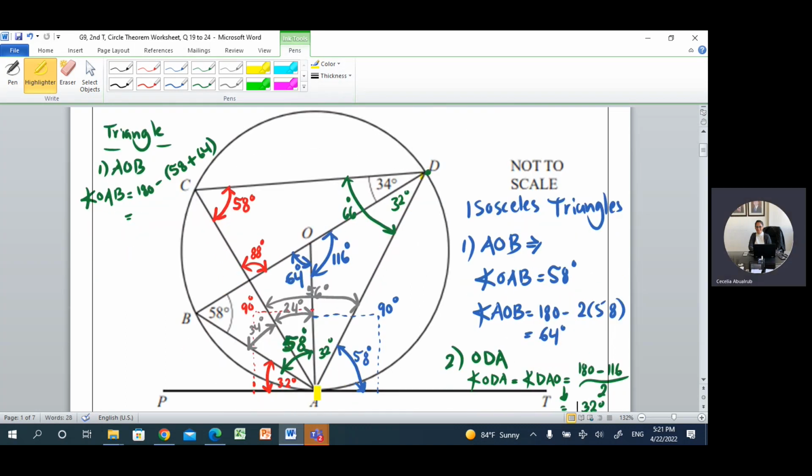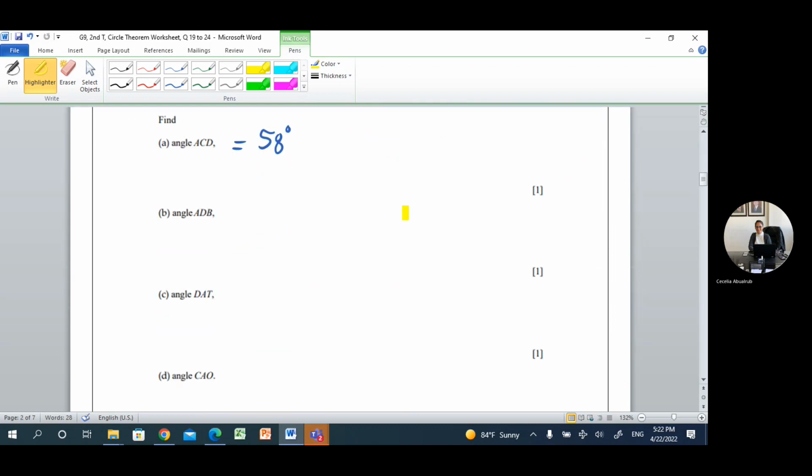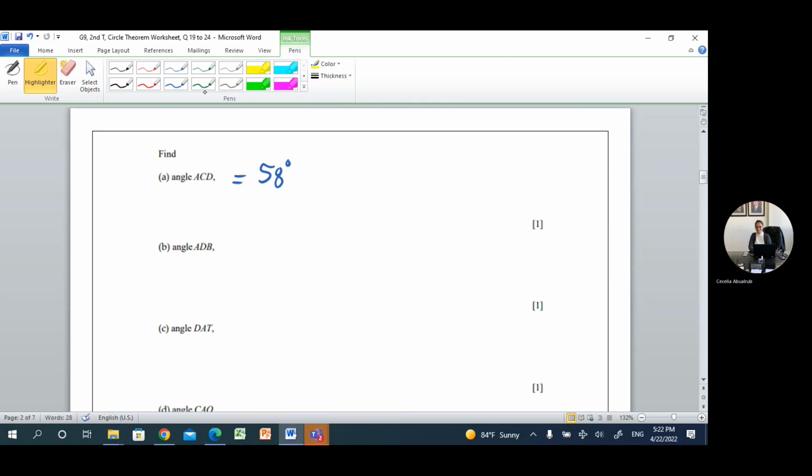Angle ADB, as you can see here, is 32 degrees. So the answer is 32 degrees.